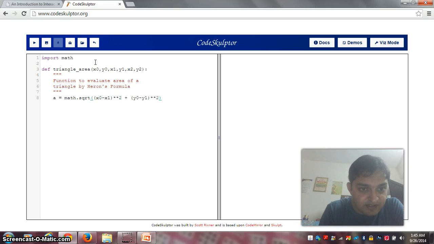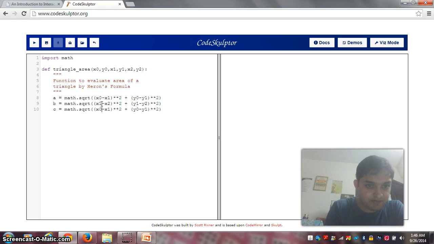What I am doing here is copying the formula that we have derived previously. Okay, so we got all the three sides of the triangle.